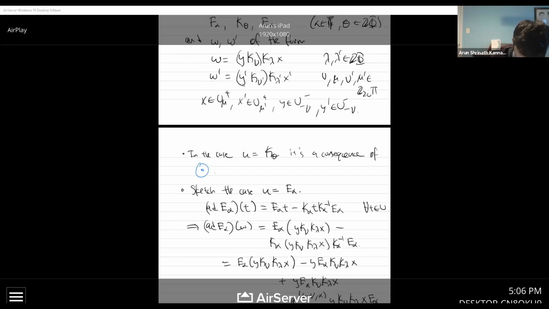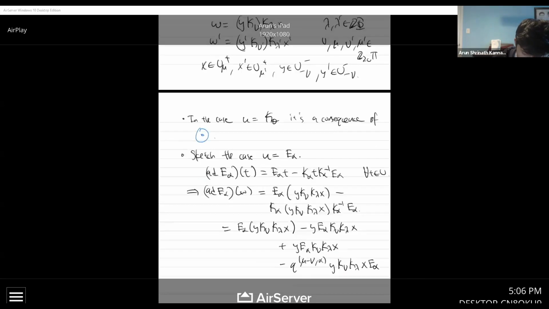If you look closely, the reason I introduced this term is because it becomes E alpha y minus y E alpha times this K nu K lambda x, and we have a formula for that commutator.